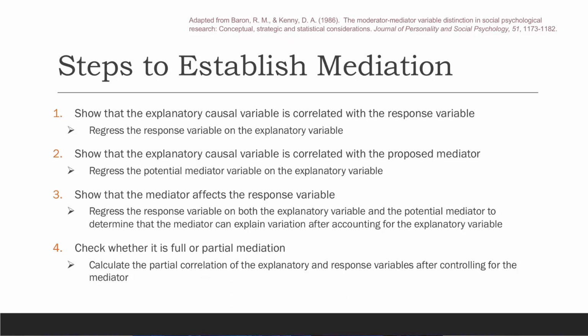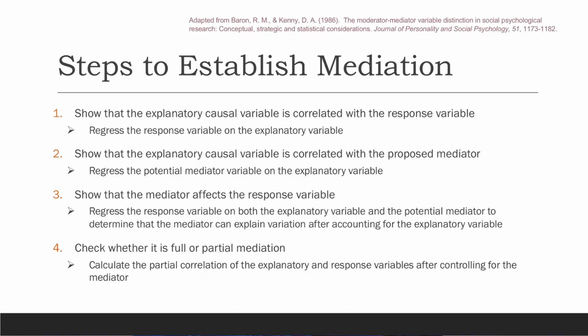What we're going to do is go back to the roots of mediation, but I'm letting you know that we're only going back to the roots as an initial way to understand mediation. You can trace the roots of formal analysis of mediation back to Baron and Kenny back in 1986, almost 40 years ago now.